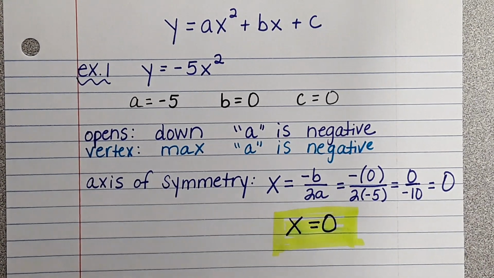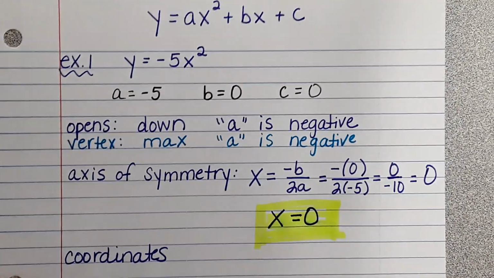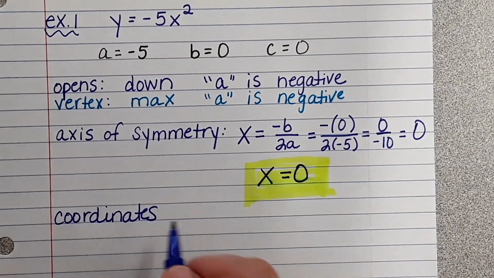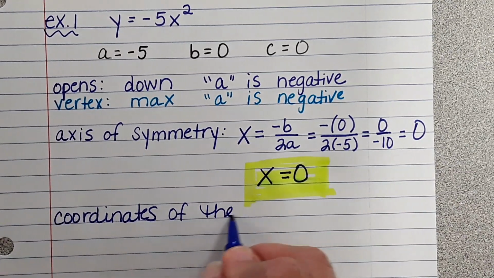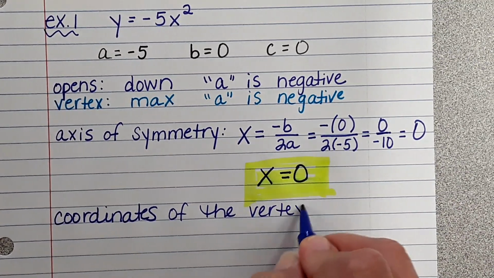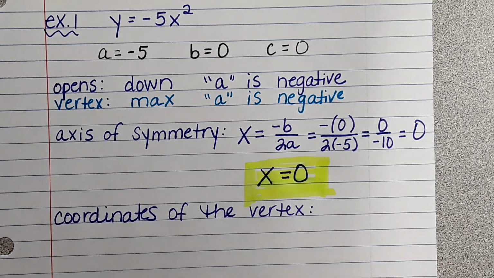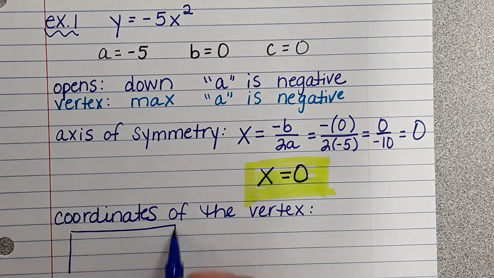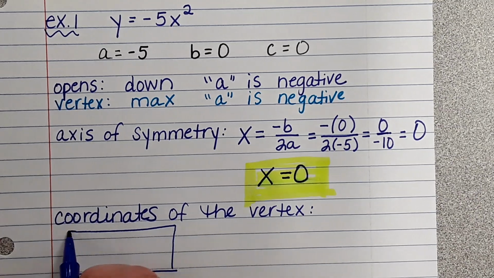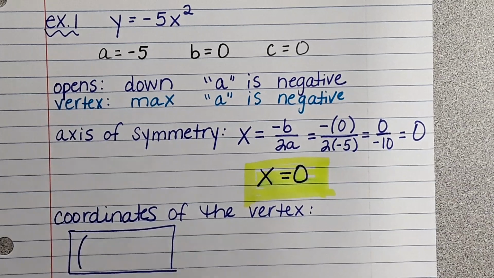Okay, now we're going to find the coordinates of the vertex. You guys, the coordinates of the vertex are always the axis of symmetry.